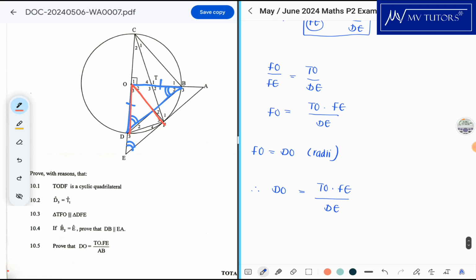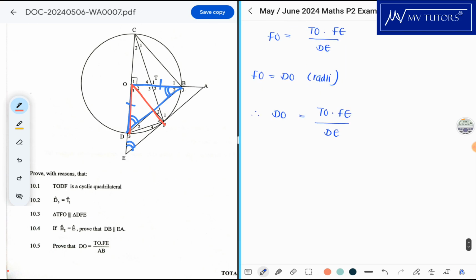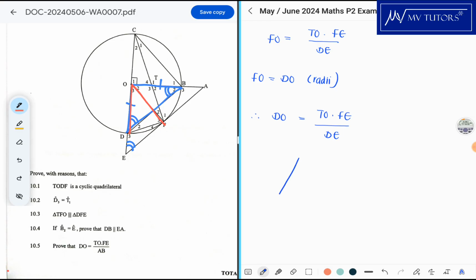So, I have this big triangle over here, which is OEA, and I have D over here, and I have B over there. So now this angle is equal to that angle, which is equal to this angle, which is equal to that angle.